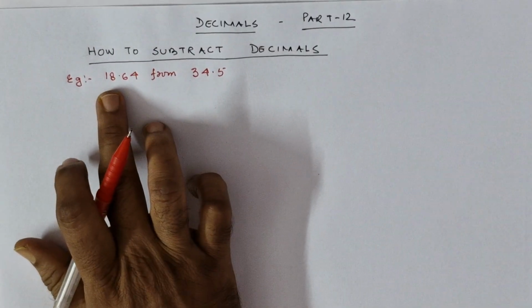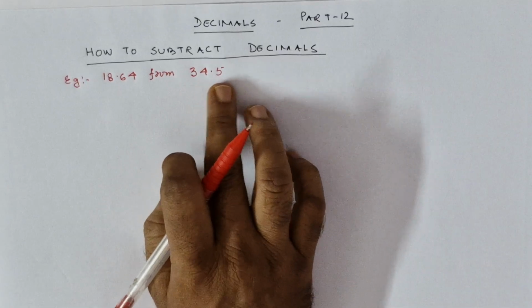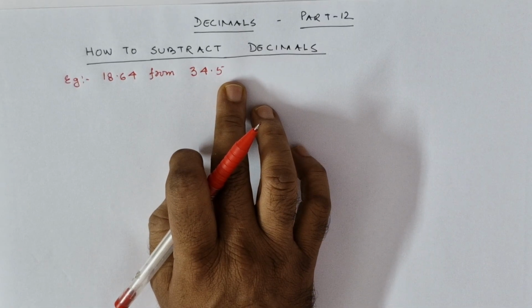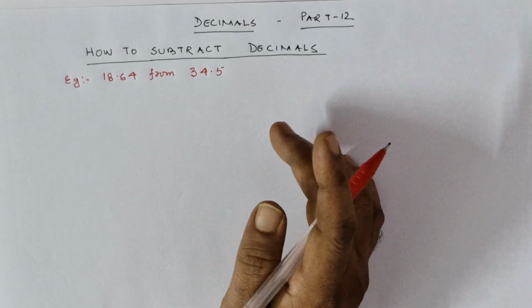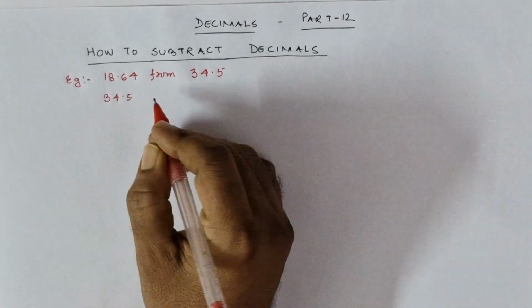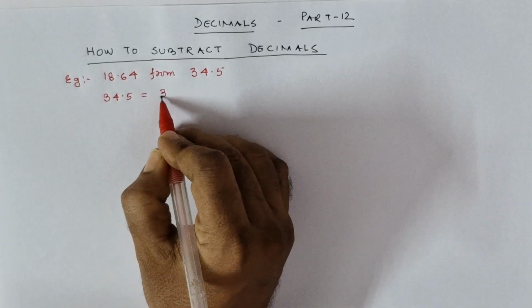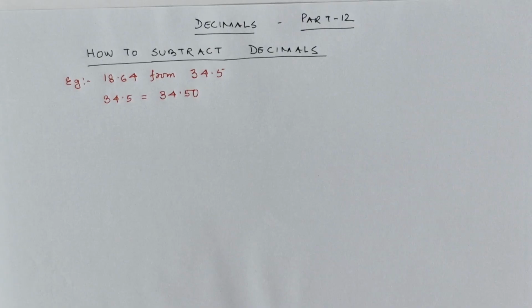Here in 18.64 after the decimal there are 2 digits, but in 34.5 after the decimal there is 1 digit. So let's convert 34.5 into 34.50.